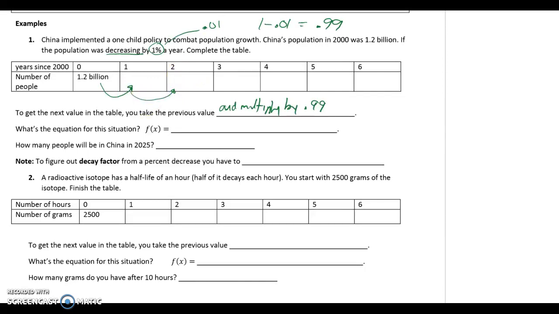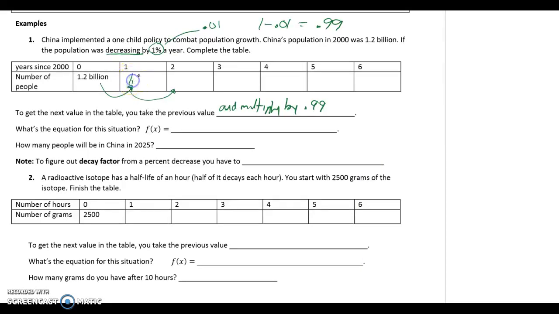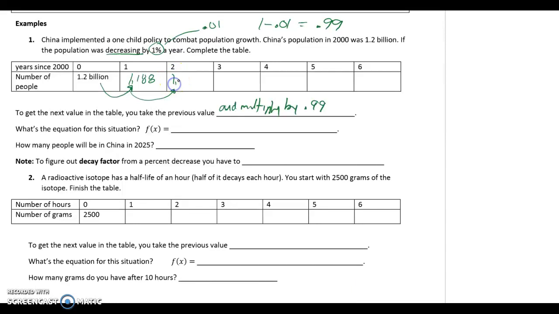Going to our calculator, we take 1.2, realizing that's in billions, times 0.99, and I get 1.188 billion. Take that times 0.99, and I get 1.17612 billion.